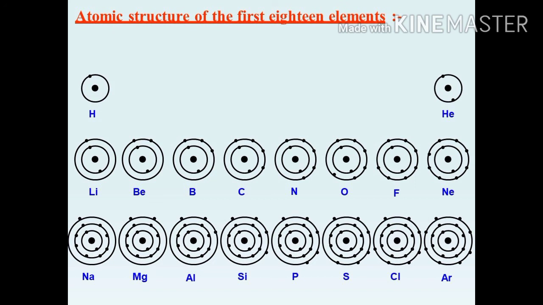Then one more is the last one, argon: first orbit 2, second orbit 8, third orbit also 8. After that we can't add any more electrons in this atom because it is stable in nature. So what is valency? The electrons present in the outermost shell of an atom are called valence electrons. Okay, thank you students.